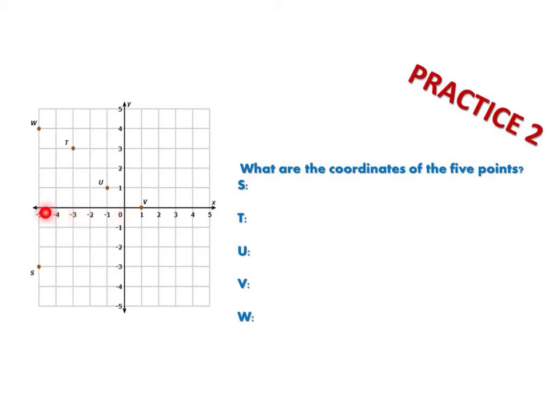We're going to come over here to -5. So the x value is -5. And we go down to -3. Therefore, the coordinate of S is -5, -3. You do points T, U, V, and W.